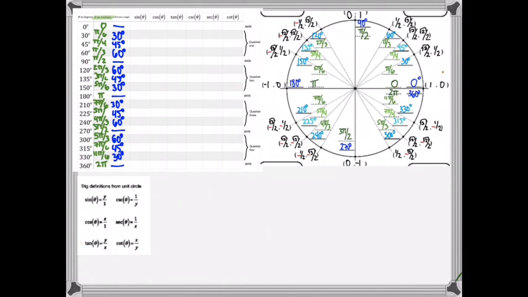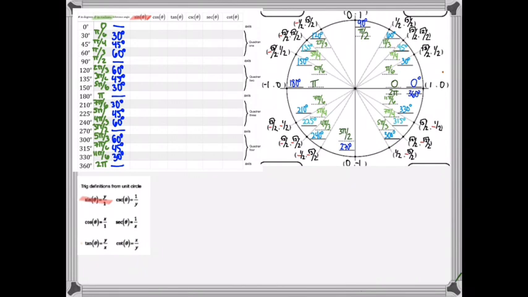What we're going to do now is start tackling the sine, cosine, and tangent, and then the reciprocals. So let's concentrate on sine right now. Here's the sine column, and sine's definition that we learned from the last video is that it's going to be y over 1.